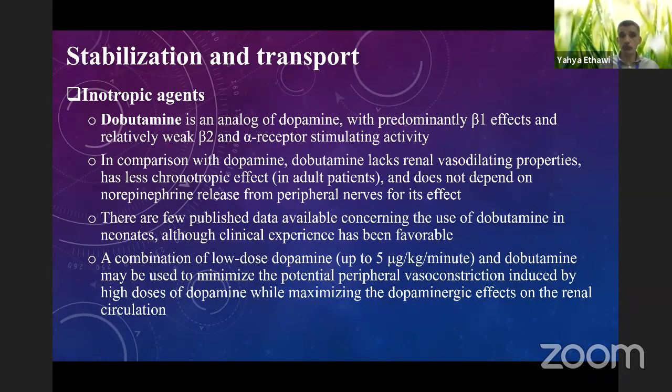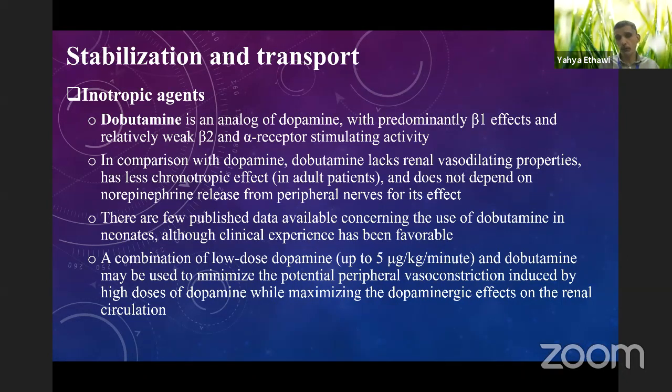You can use dobutamine, which predominantly has a beta effect, and it's mainly inotropic and chronotropic, with very low or no vasopressor effect. Remember, when you need them, make sure that there is fluid for them to work. If there is no fluid, you always need to prime the circulation when you decide to give inotropes.